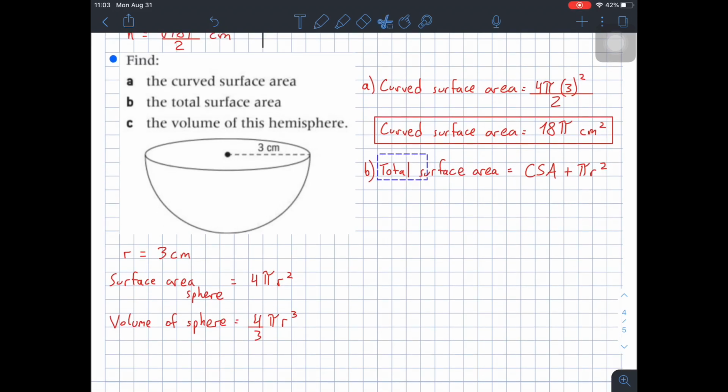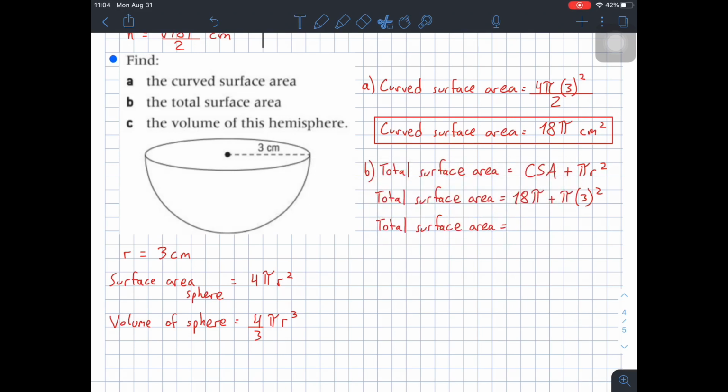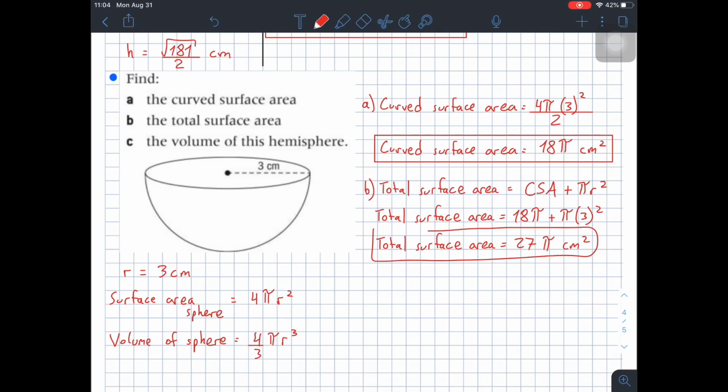So the total surface area is equal to the curved surface area, which is 18 pi, plus pi times 3 squared. This is 18 pi plus 9 pi, and 18 plus 9 is 27, so the total surface area is 27 pi centimeters squared.